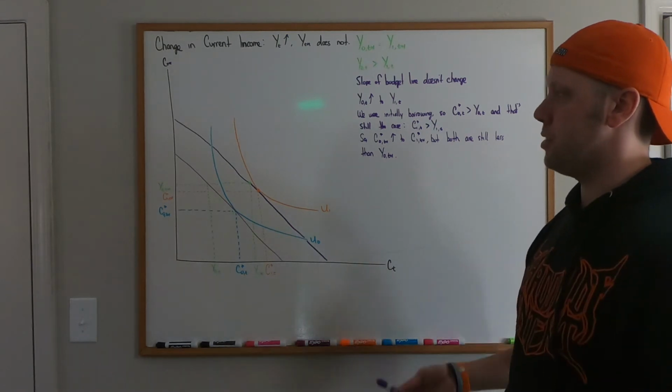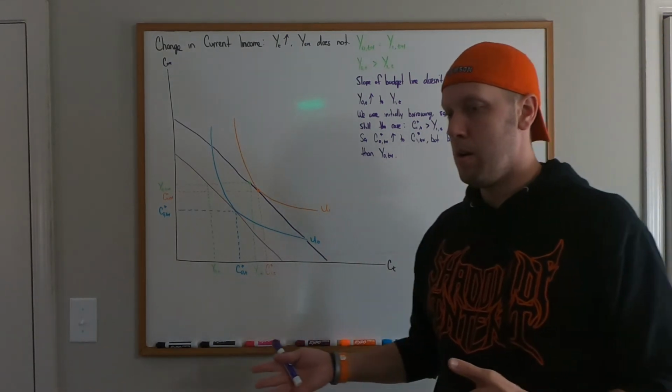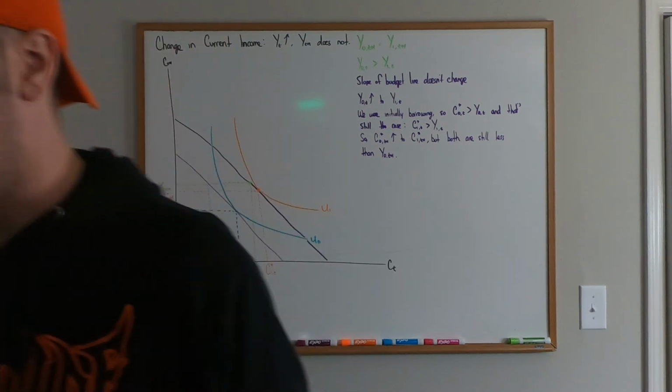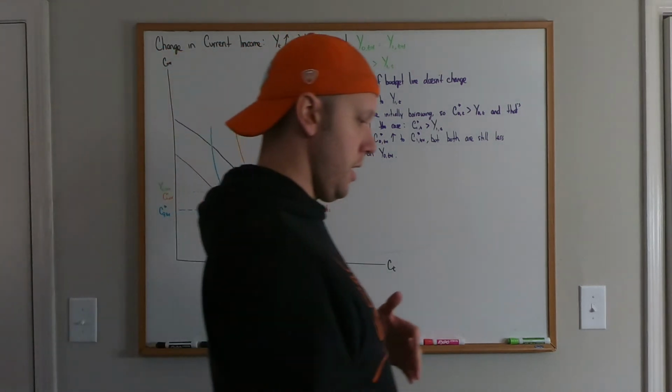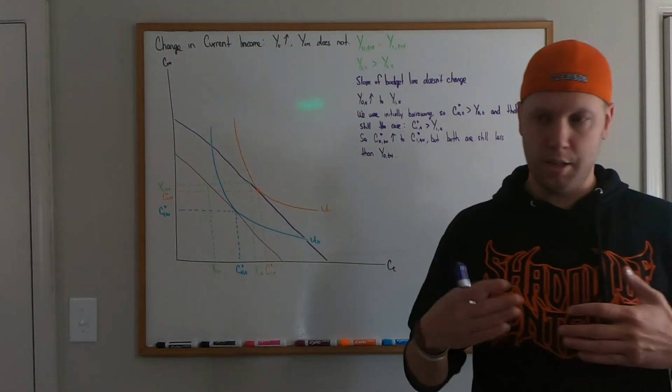Now, if you get a bonus this period, you're going to consume more, right? You're still planning on borrowing, so you still have to plan to pay it back tomorrow. But because your current income increased, you got a bonus, you're going to consume a little bit more today. You're going to be able to consume a little bit more tomorrow, because you're not going to consume all of that change in income.